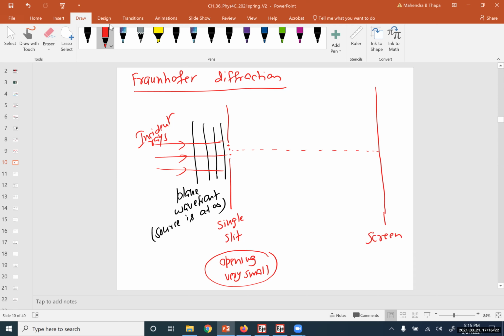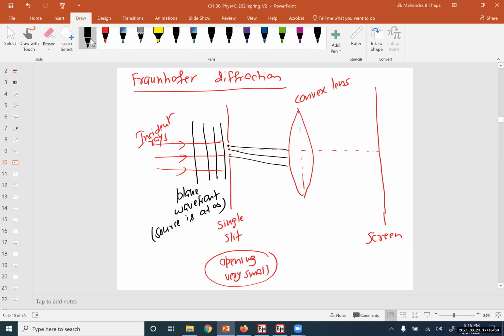We generally put a lens, for example, a convex lens. Each point of this slit behaves as a source, so from this source you can get a ray just like that.